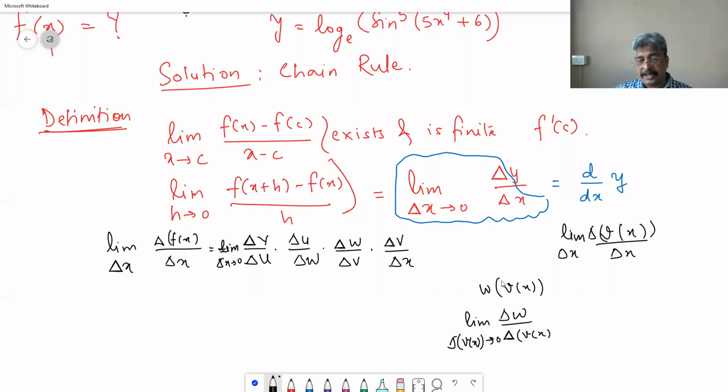Correct? That is the derivative of this function. But you have a final variable x with you. Therefore, what we will do is multiply delta v of x by delta x.